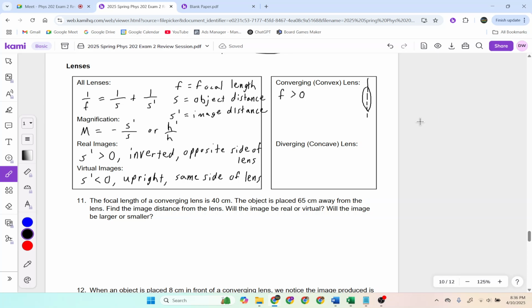What you need to know about the converging lens is that it can create any image except virtual and smaller. In other words, we can make real and larger, real and smaller, and virtual and larger, but we can't make virtual and smaller. That's going to be the diverging lens.